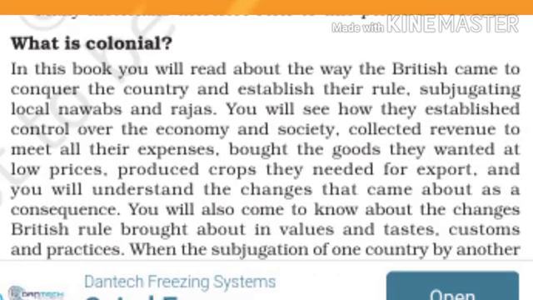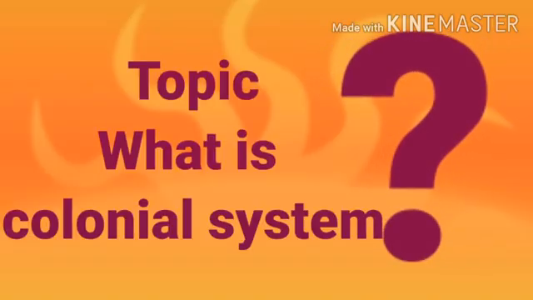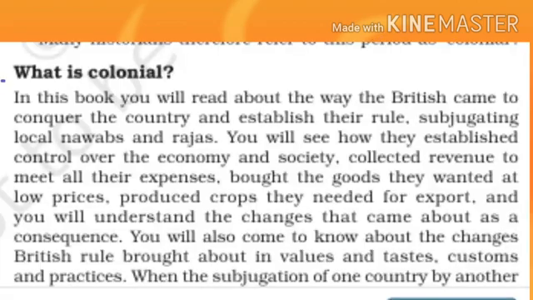Students, when the Britishers started the periodization, they also applied a new system here, which is known as the colonial system. So, to know more about the colonial system, we have to start our next topic: what is colonial system?